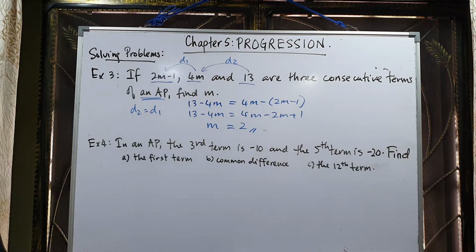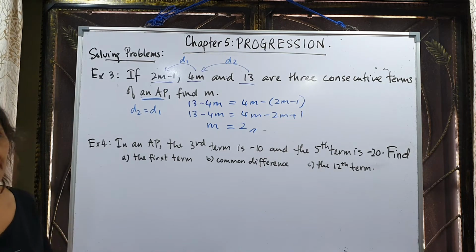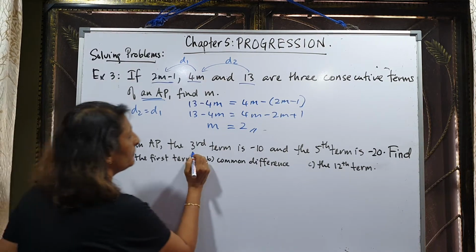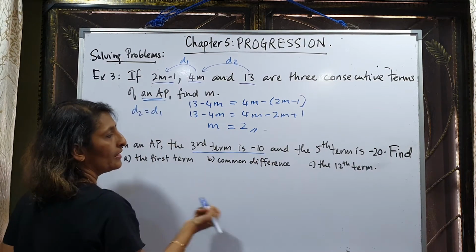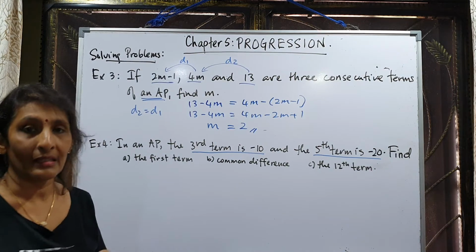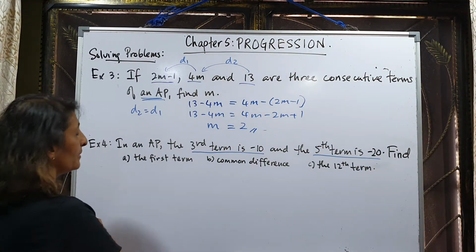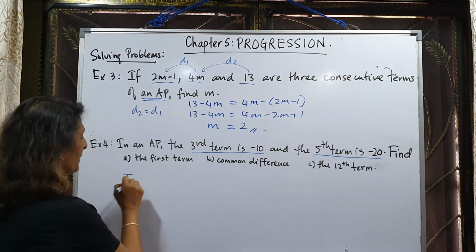Alright? Okay, now we go to example 4. In an arithmetic progression, the third term is negative 10 and the fifth term is negative 20. Now when you read this, you are getting information, you put it down. They said the third term is negative 10, means T3.